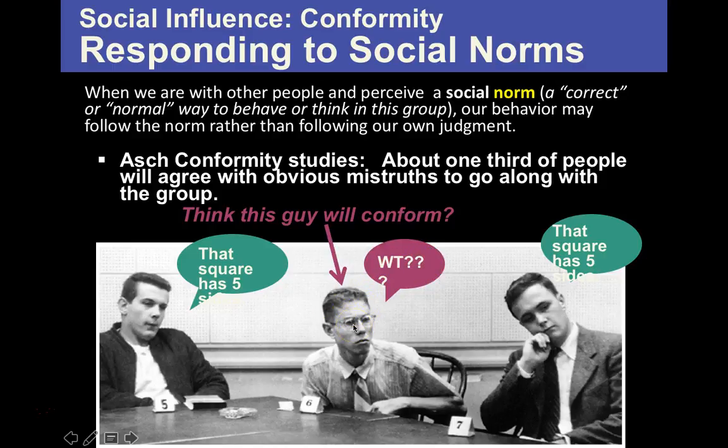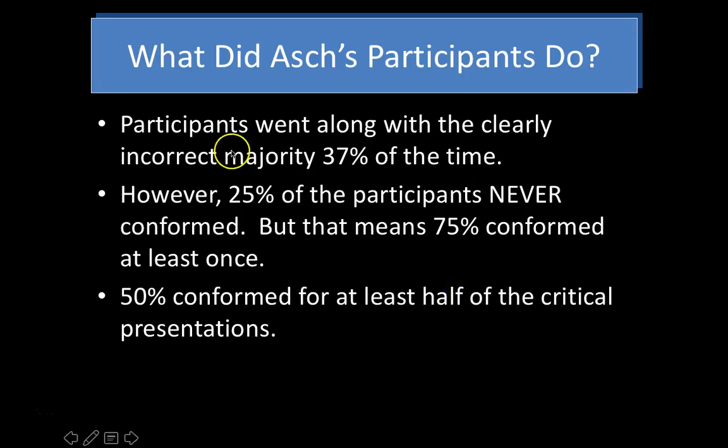Basically, about 3 to 4 times out of 10, the average subject gave the conforming answer. So the participants went along with the clearly incorrect majority. Actually, the actual figure in his first study was 37% of the time.